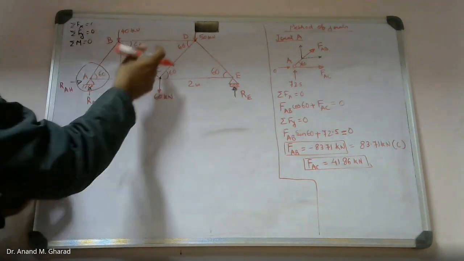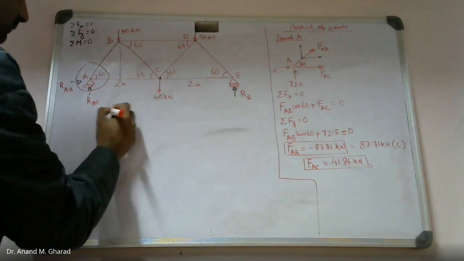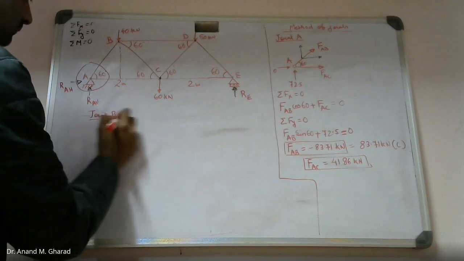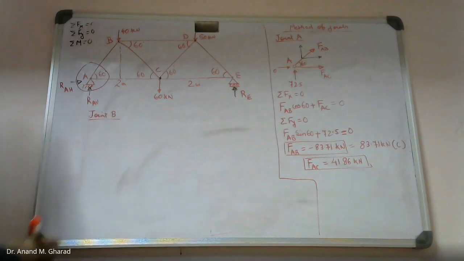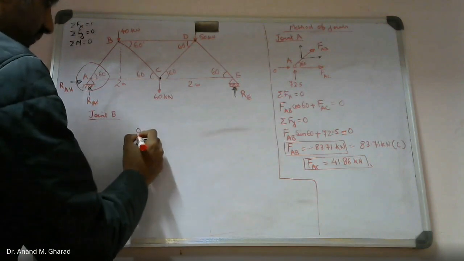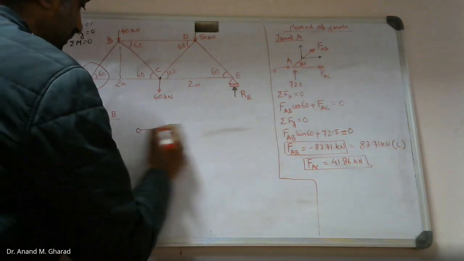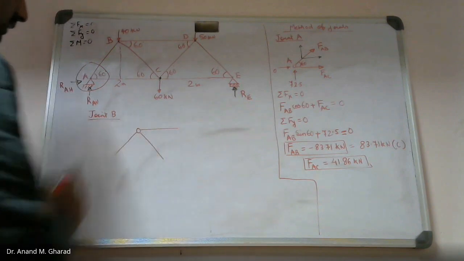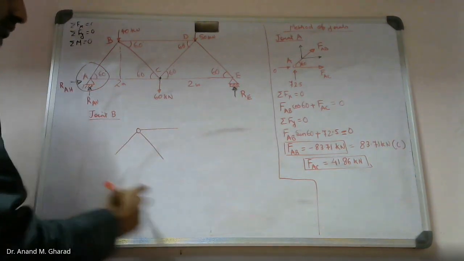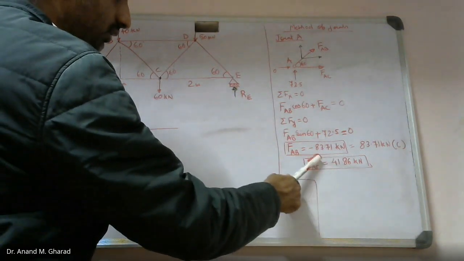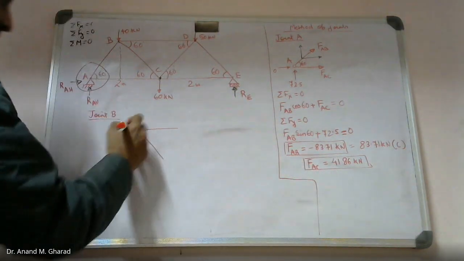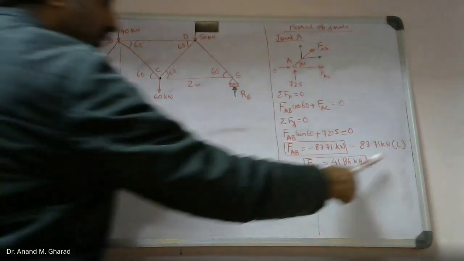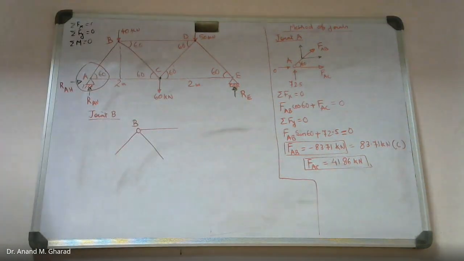Now I can move to, let's say, joint B, and now I can draw the free body diagram of that joint B. In that joint B, you will observe that there are these members which are connected. Out of this, we have already evaluated the value of force in member AB.